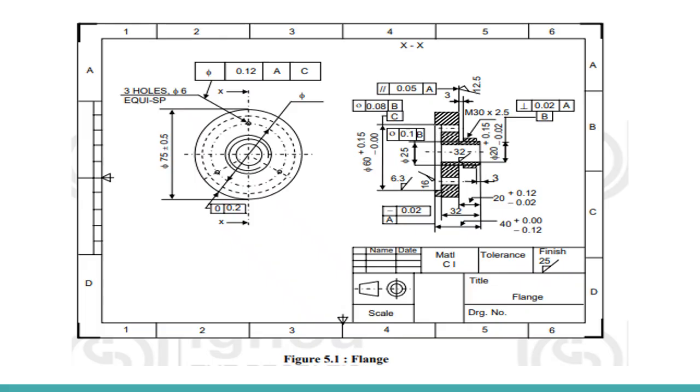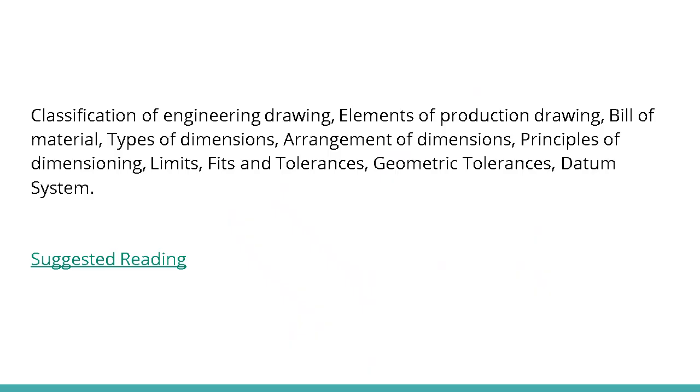Here are the holes: three holes of 6 diameter, with their dimensions. The diameter of the circle is 75 with a plus-minus tolerance of 0.5 in the design drawing. All drawings are of this type. Next, classification of engineering drawings, element in product.